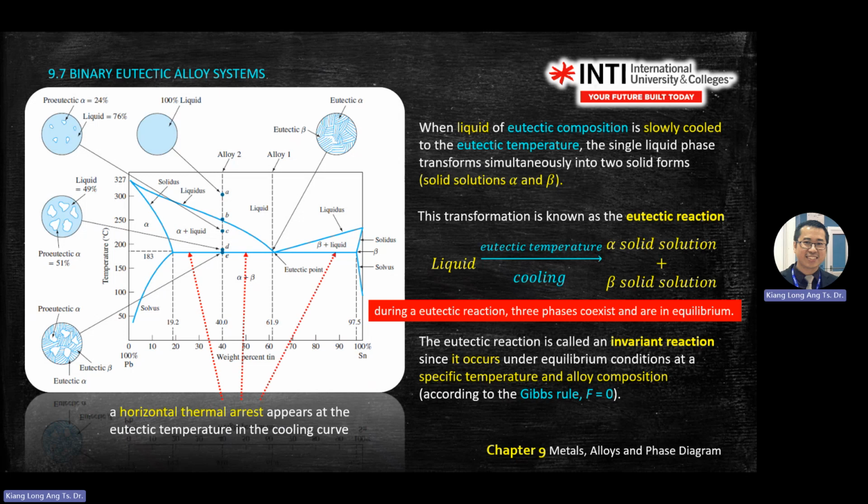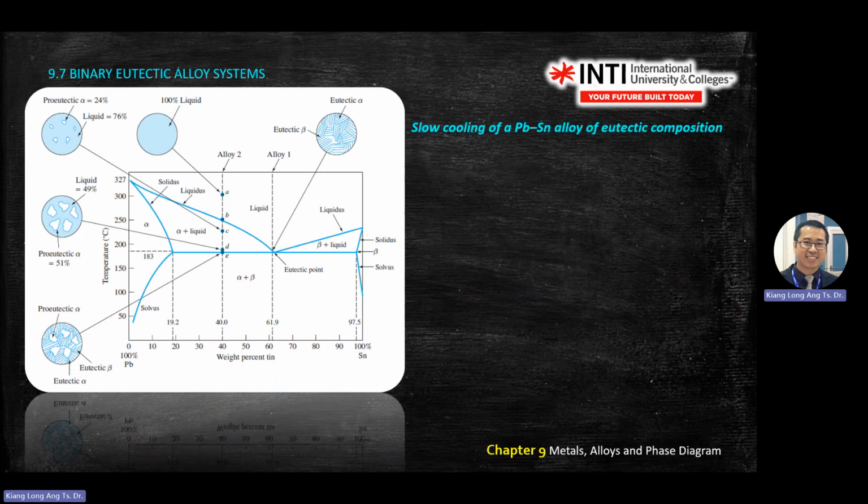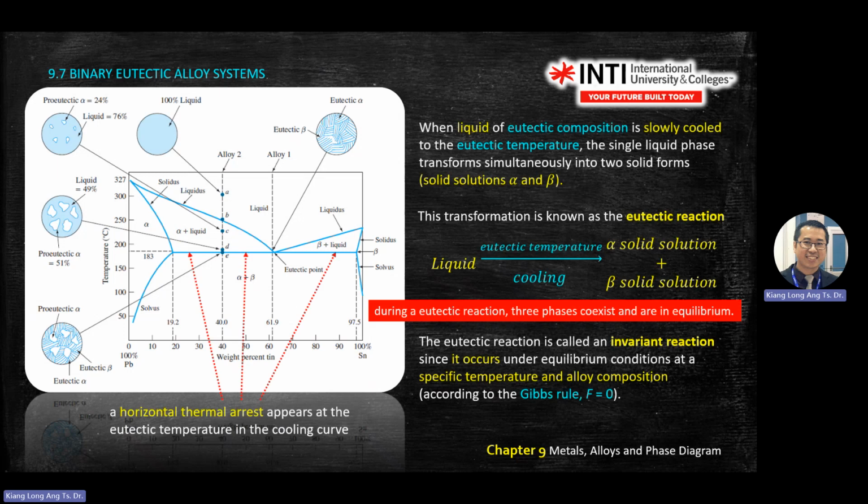You have this straight line called thermal arrest, but I can split into different things to ask you. Sometimes the question asks you, given a graph, after you identify the eutectic point, it will ask you to identify where the thermal arrest happens.